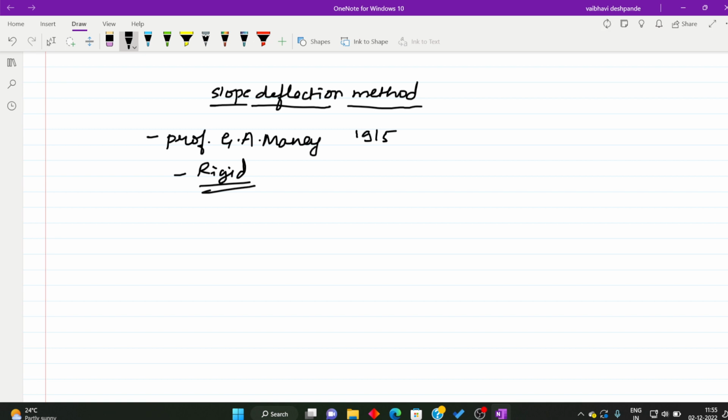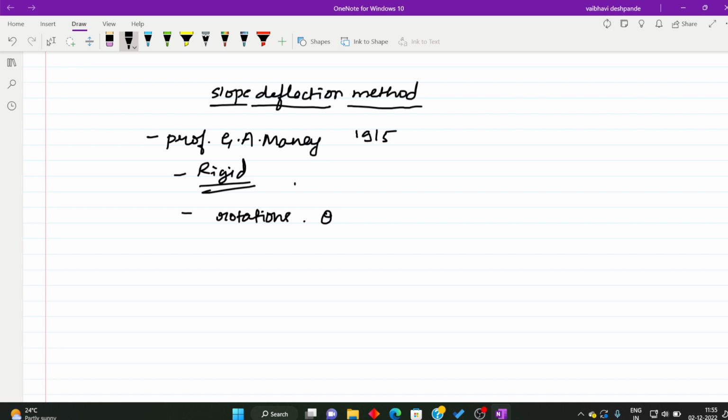Okay, the joints are rigid means what? That the joints are rotating as a whole. Then the rotations of the joints are treated as unknowns. So what is the main aim of using slope deflection method? What we are going to find here are the rotations, that is represented by theta.